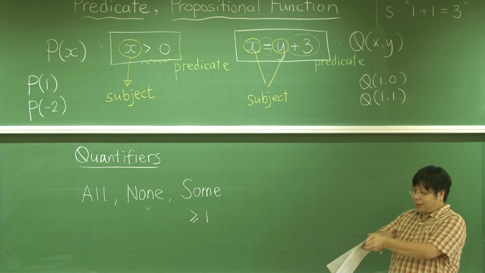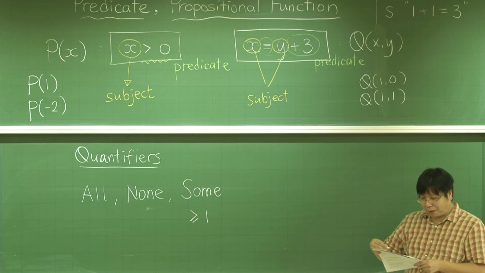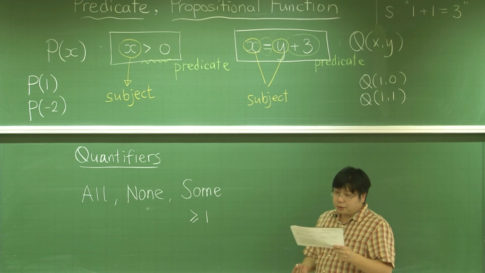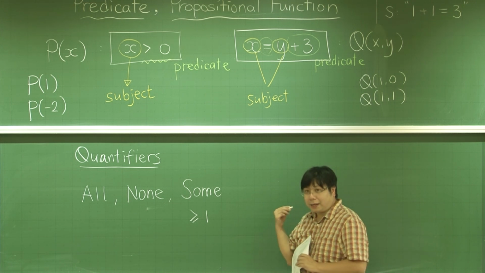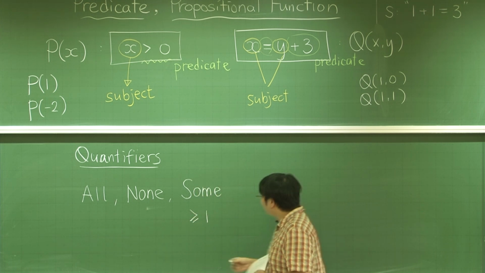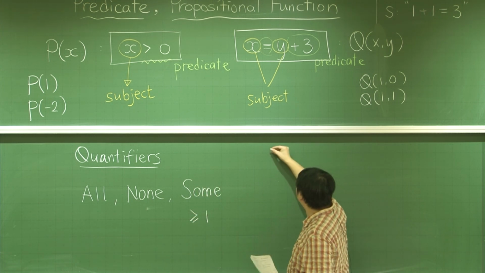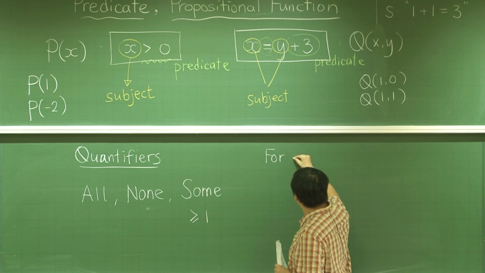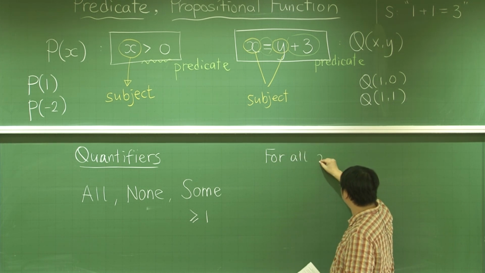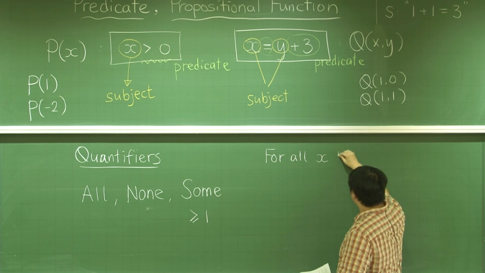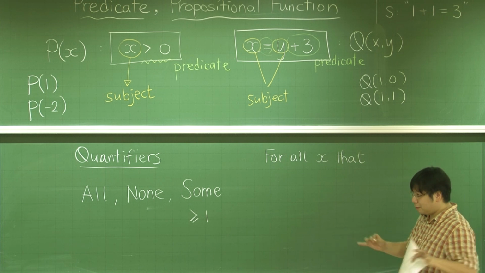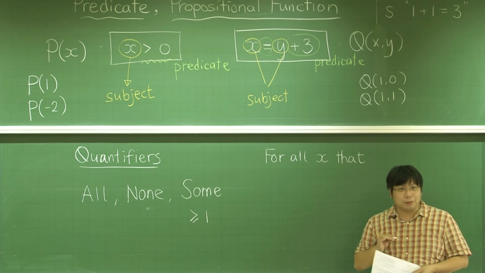And then in mathematics, we have a correspondence. We have the case of "for all." So you can talk about for all x. Usually we need to talk about what are the x that we should look at.